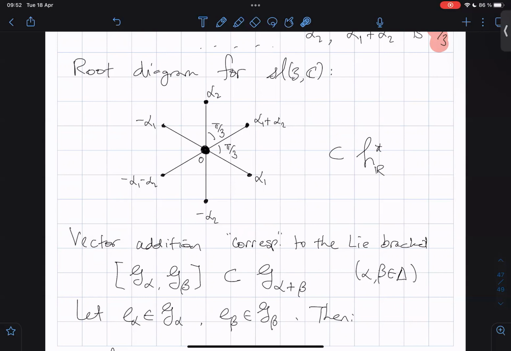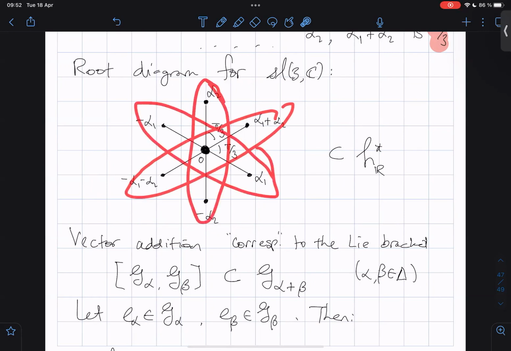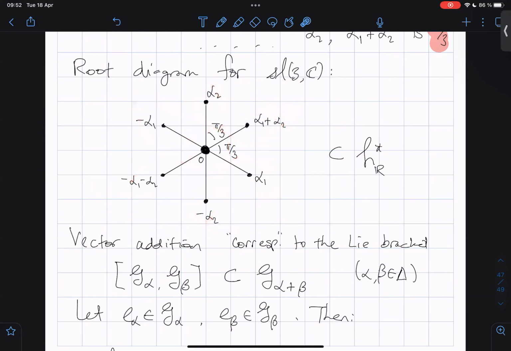So the root space decomposition for SL2, you'd have H, and then you'd have the eigenspace corresponding to 2, and the eigenspace corresponding to -2. It's represented by 3 dots, all sitting collinearly. So in this diagram here, you see this in 3 different places. You have this line, this line, and this line. These are all SL2s.